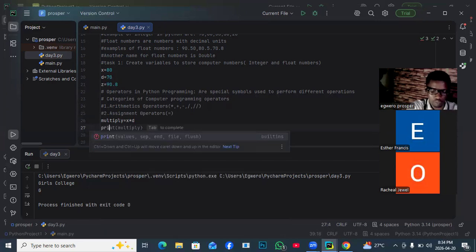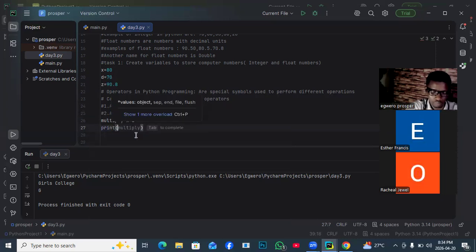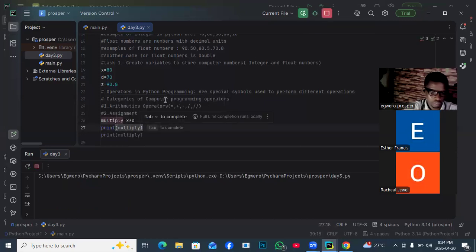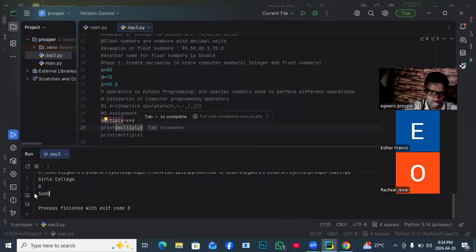So I want to print the calculated value in multiply. So I'll say multiply. Then if I print, let's check. If I print, we have the answer. So you can see that Python can actually perform calculation. That is for multiplication. So let's do it for addition.